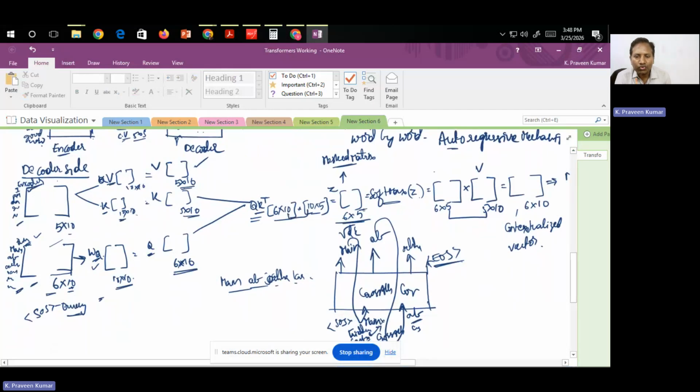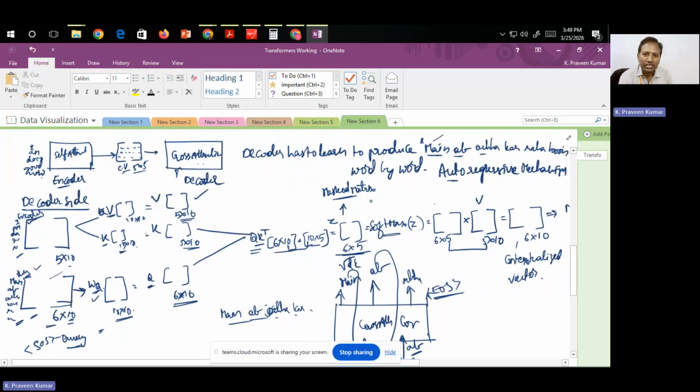And here the masked attention is happening actually. So this masked attention, we use a masked matrix. What is this masked matrix? We are not going to show all the 6 words at a time. We are going to show the first word only because it has to learn.